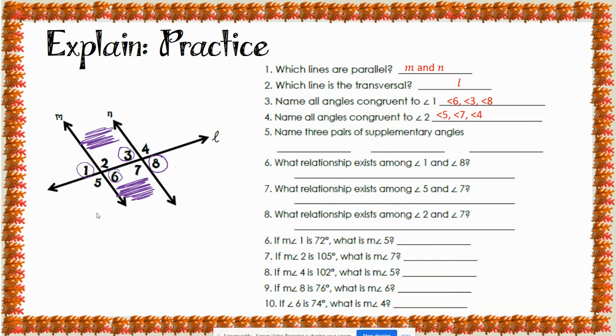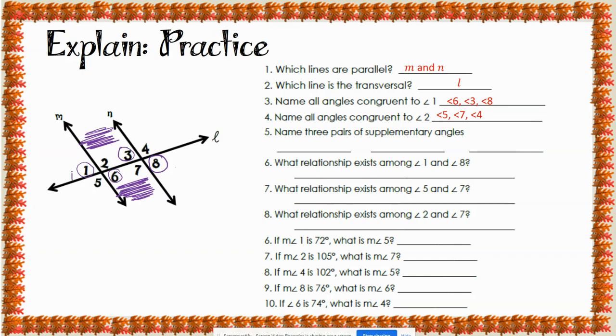Now we are also going to name 3 pairs of supplementary angles. There are all sorts of different angles that you can do here, but remember, if we're talking about supplementary, that means that they would add up to 180. So the easiest way to do this is to find 2 angles that are cut by a line.